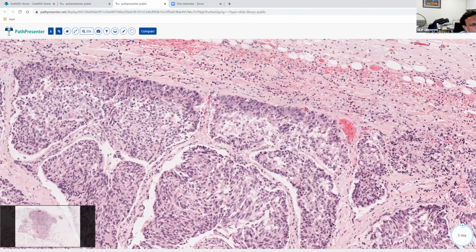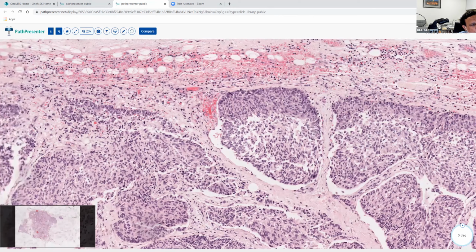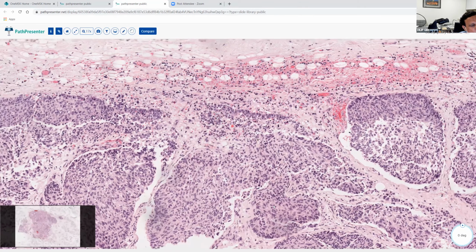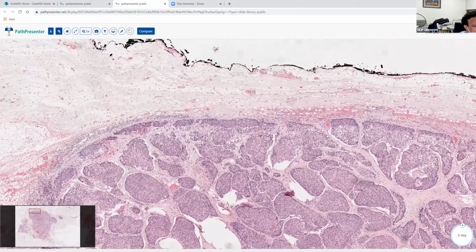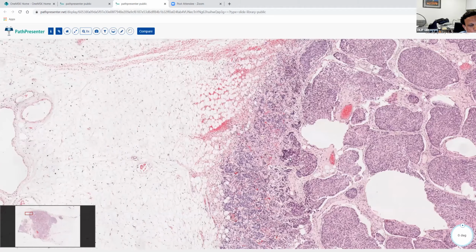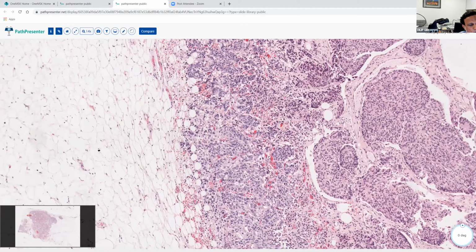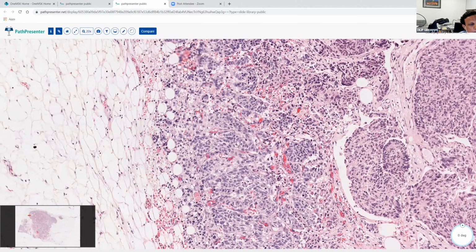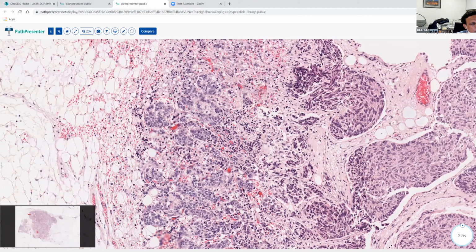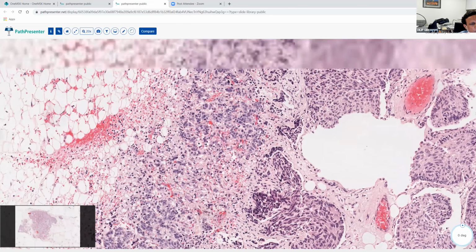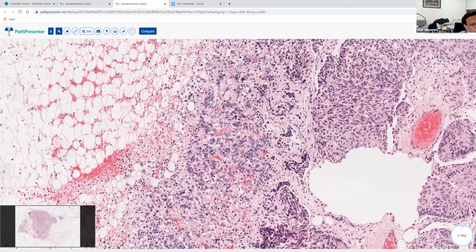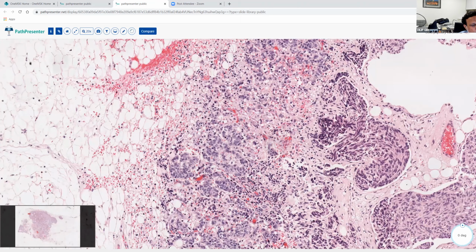So these kinds of problems you should not try to resolve in a hurry. You should take your time, take other people's opinion. Here it looks to me there is unequivocal invasion already. There is no way this is non-invasive. These are all nests of tumor cells which are growing between fat cells and infiltrating. So there is invasion. This is solid papillary carcinoma with unequivocal invasion.